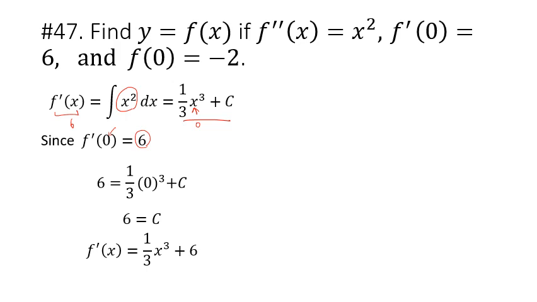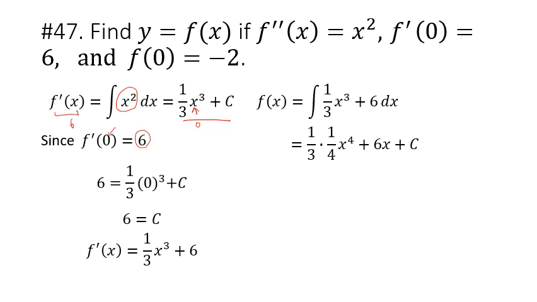And after that, we have to find f. f is the integral of f prime, right? So f of x is the integral of 1/3 x cubed plus 6 dx. Power plus 1, so 1/3 times 1/4 x to the 4, and for 6, the antiderivative is 6x, plus c. But we know f of 0 is negative 2.